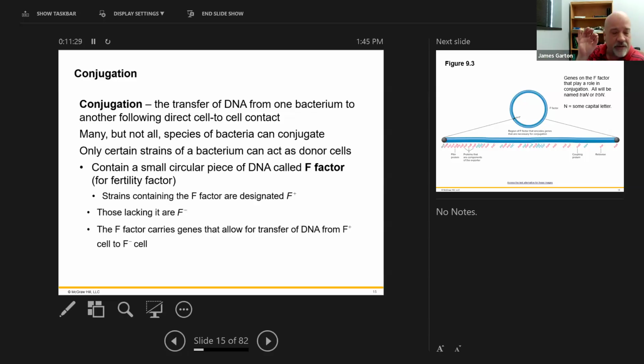If it doesn't have it, it's designated F minus. And the F factor has genes that allow for the transfer of DNA. And so what happens? An F plus cell can conjugate with an F minus cell, and that will result in the conversion of that F minus cell into an F plus cell.